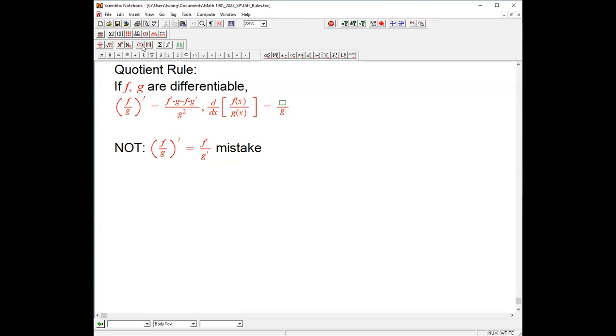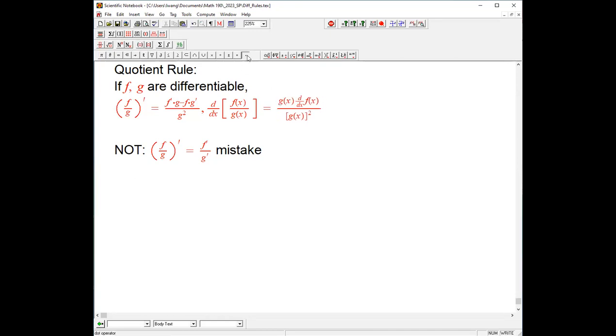G of x is being squared. On top, we take the derivative of f, which is on top, f prime of x, and then multiply by g, putting the g of x in the front.